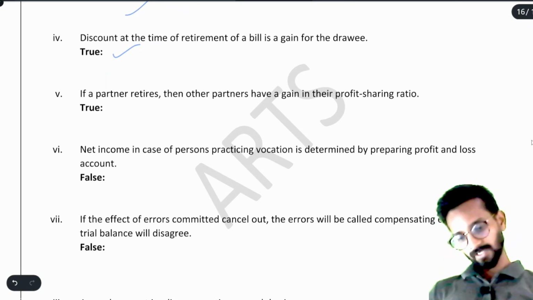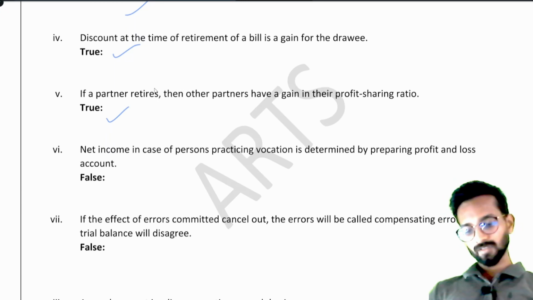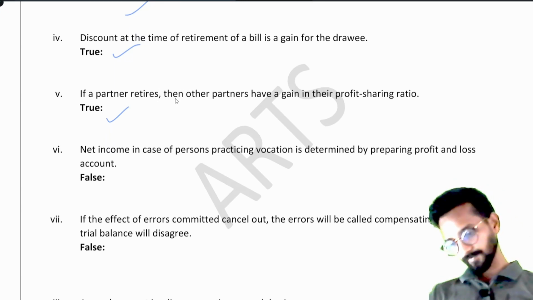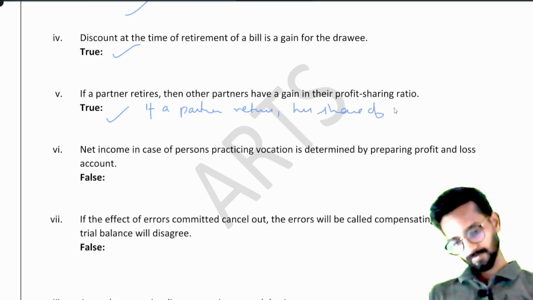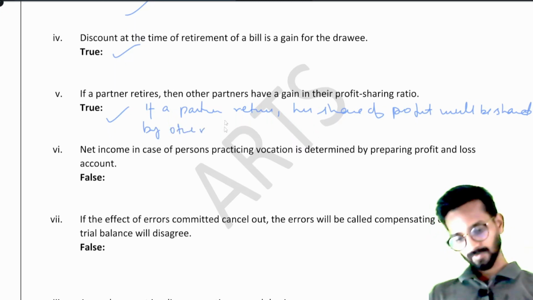If a partner retires, then other partners have a gain in their profit sharing ratio. Obviously, it is true. You can write here: if a partner retires, his share of profit will be shared by other partners in their PSR.